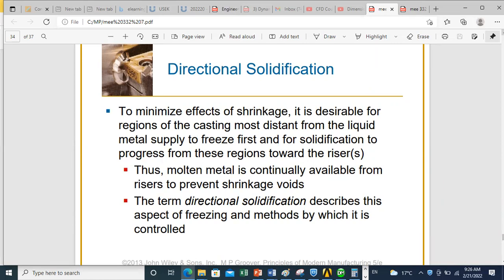Because if other parts solidify before, there will be a blocking effect, and the molten metal will not be able to reach. So the riser should be close to such critical locations to be able to supply them with the required molten metal. In this way, molten metal is continuously available from risers to prevent shrinkage voids. And this is what we call directional solidification, which describes this aspect of freezing and the methods by which we can control the solidification procedure.